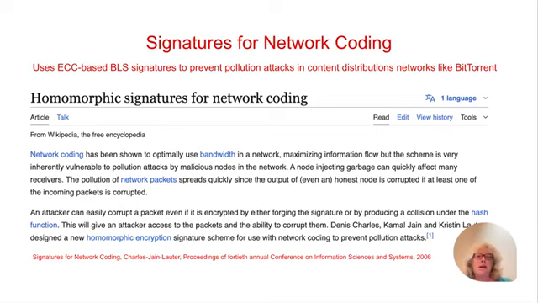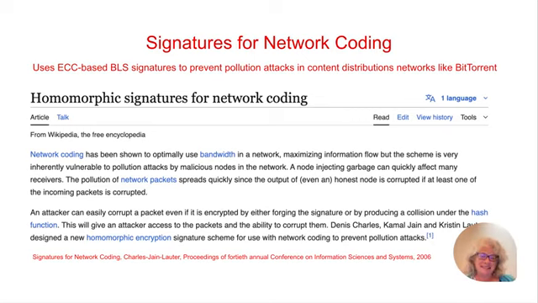But the problem is it makes content pollution a lot easier, because one nefarious node, an adversarial participant, can quickly spread garbage throughout the whole network by just polluting their linear combination of packets. So we needed some kind of measure to prevent this type of pollution attack, and the BLS signatures provided a really nice tool for this.